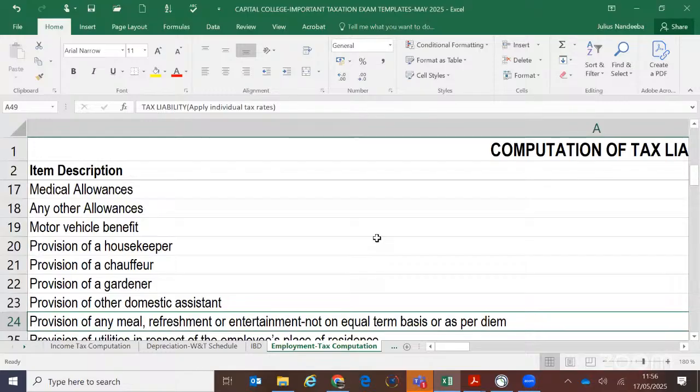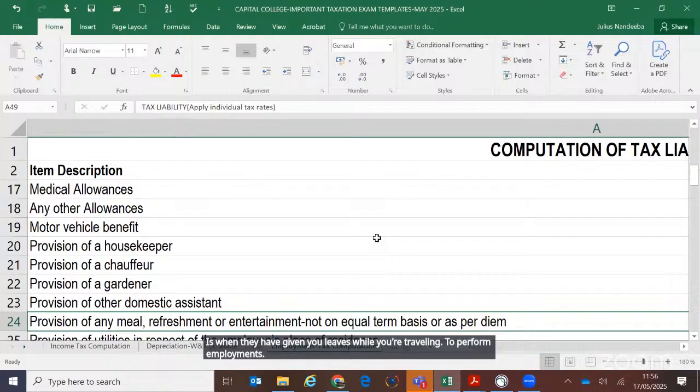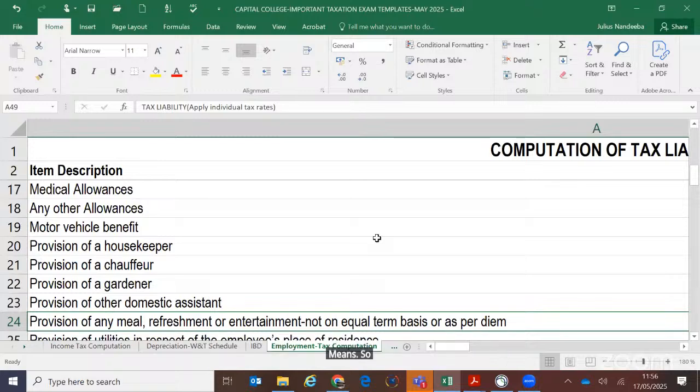The other case when the meals don't get taxed is when they have given you meals while traveling to perform employment activities. Because when you're going to the field, they give you transport, but they also give you money for meals. So that does not get taxed. But any other meals given to you by your employer will be taxed on you.